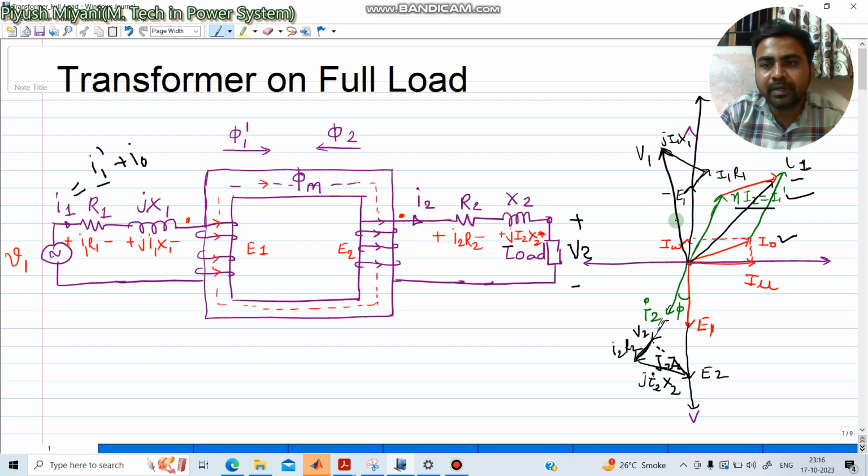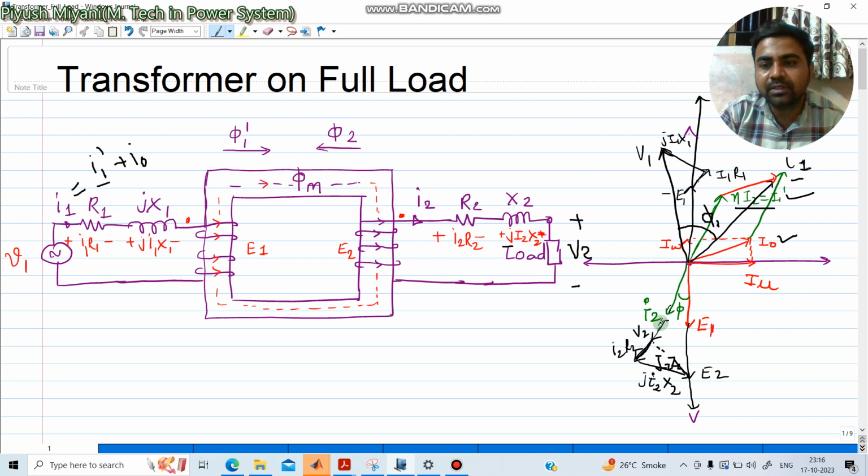Now what will be the power factor on the primary side? For that we have to find the angle between V and I. V1 is somewhere here and I1 is here. This is the angle between V1 and I1 on the primary side, whereas this is V2 and I2.